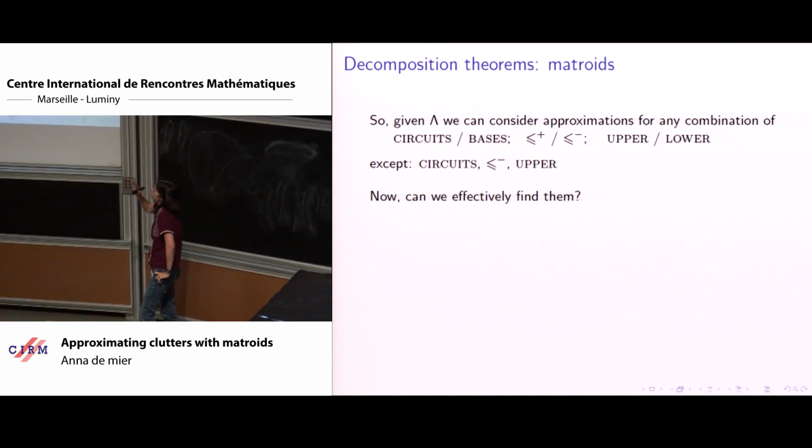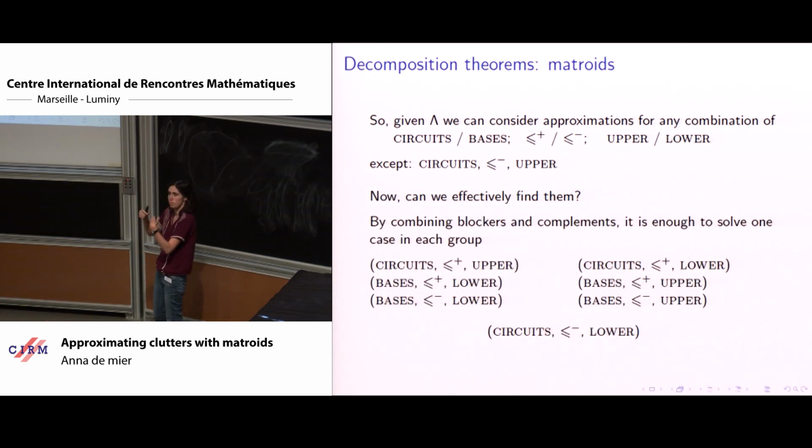So this was just an existential result, but now what we also ask is, can we find these clutters? They theoretically exist, but how do we find them? Basically, by combining blockers and complements and so on, we only have to solve one in each of these 3 groups.